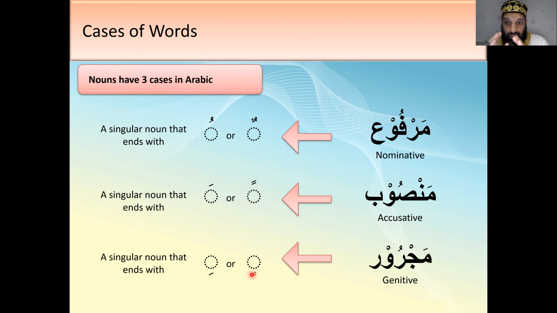فبأي آلاء ربكما تكذبان. Which of the favors of your Lord will تكذبان? What's an? An is dual. Which of the favors of your Lord will you two deny? That's what it means. Yeah?